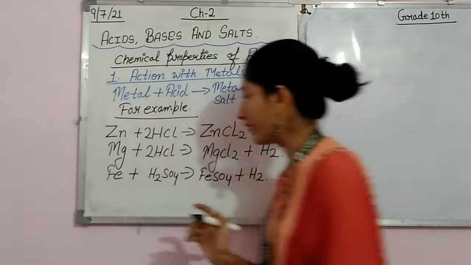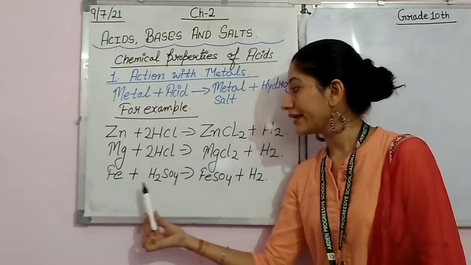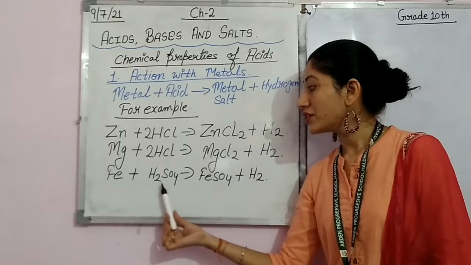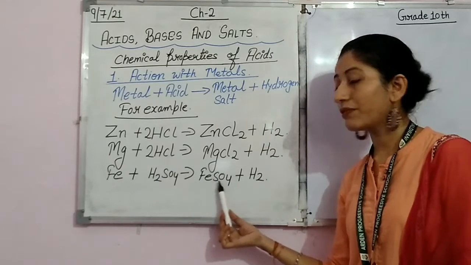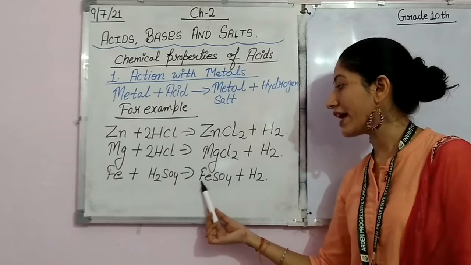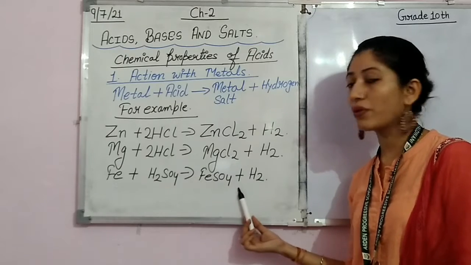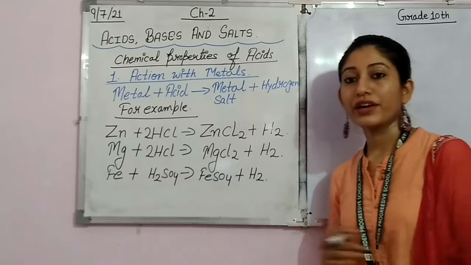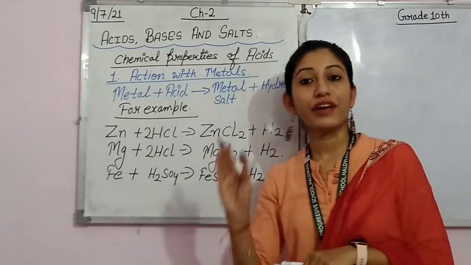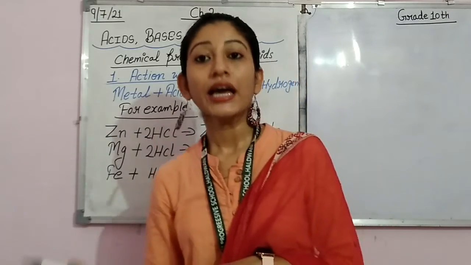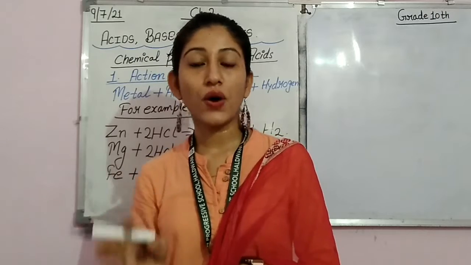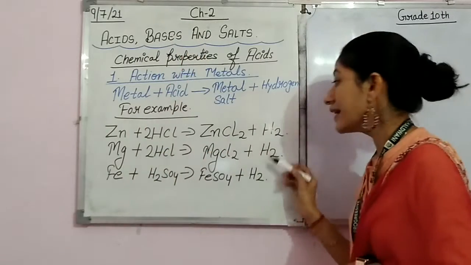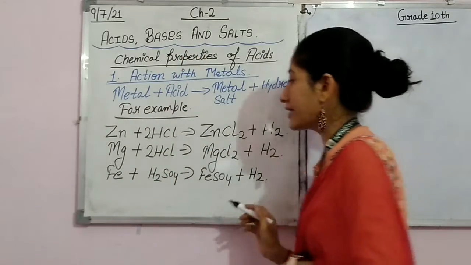What I said is, when we react iron with sulfuric acid, the product we get is ferrous sulfate, FeSO4, plus H2. So what have we learned? Whenever we react metal with acid, it always gives metal salt and hydrogen gas is released.